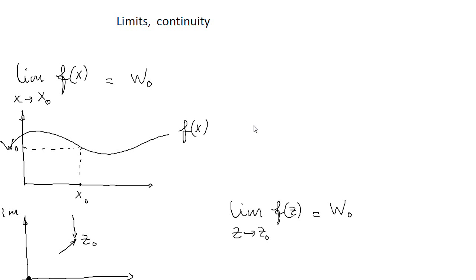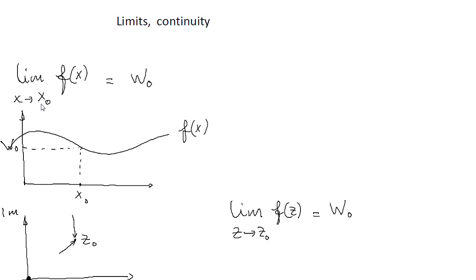Let's now say some words about limits and continuity. You may have seen this symbol in the real case, lim f of x as x approaches x0. What does that mean?